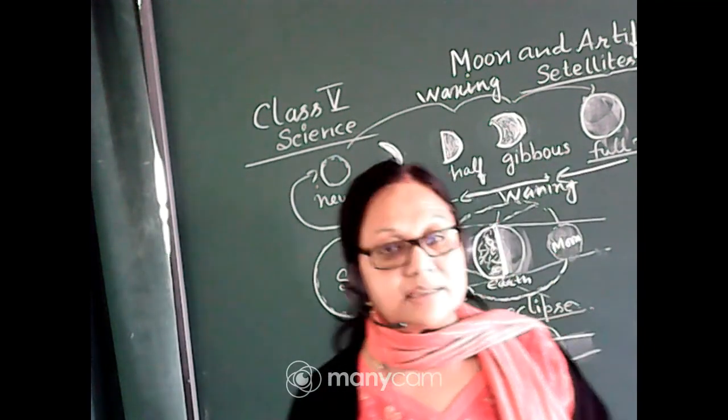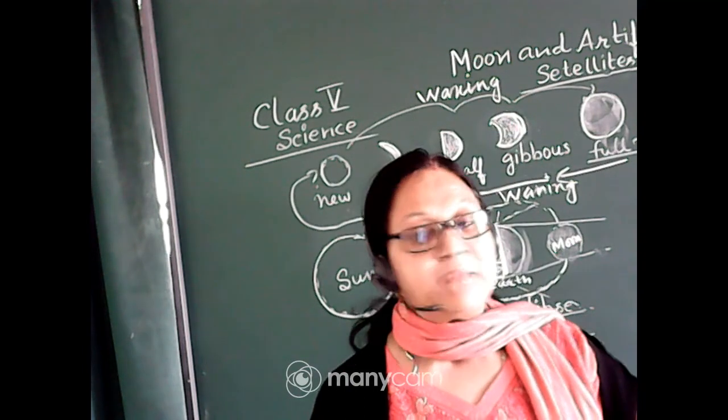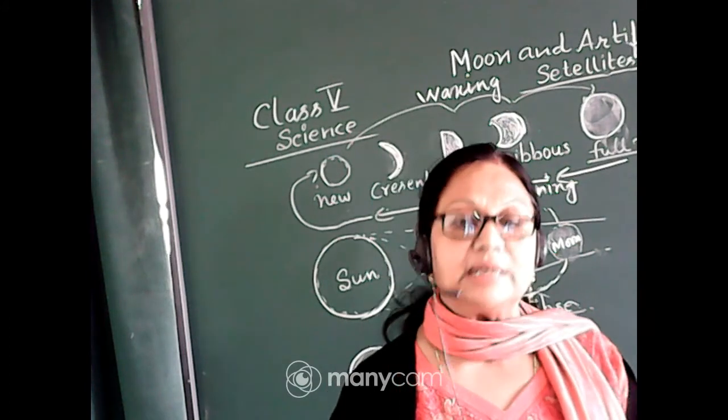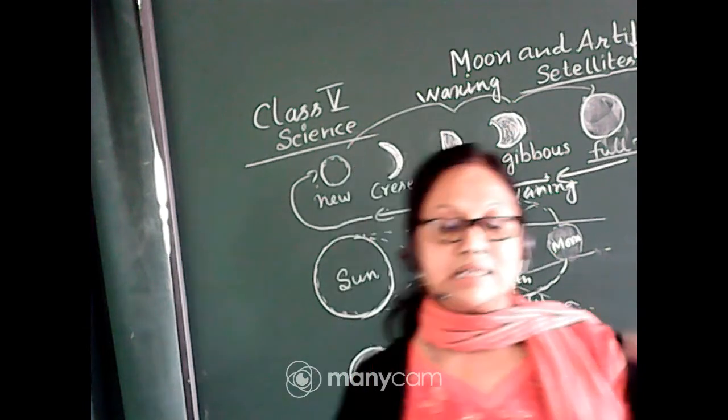And what happens in the solar eclipse? The moon is revolving around the Earth, so when it comes in between the sun and the Earth, the sunlight is blocked by the moon.